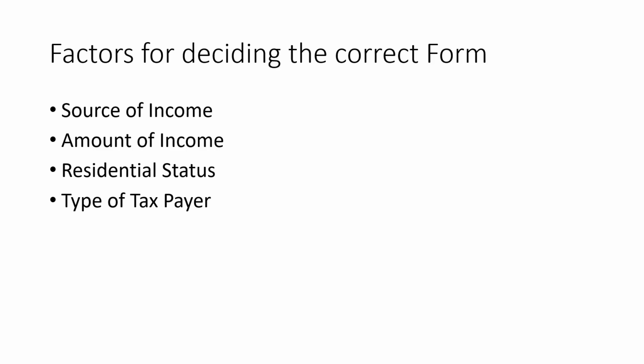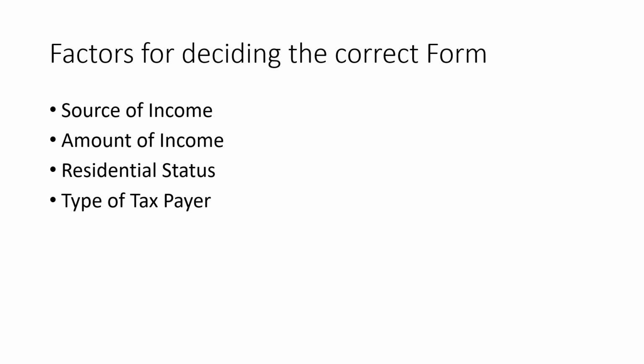Okay, so let us have a look at what are the different factors which decide how to choose the right form. One factor is the source of income, then the amount of income, then the residential status, then the type of taxpayer.